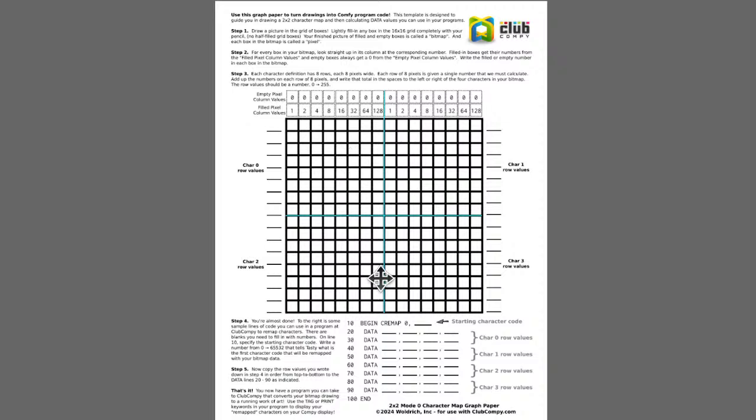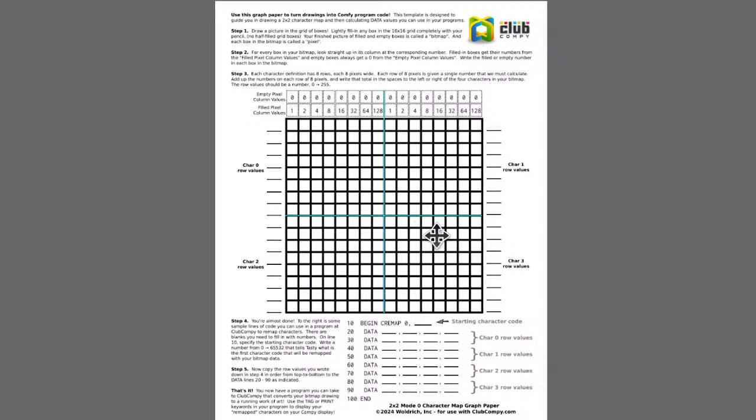And the way this works is you will draw a picture by filling in these boxes, and then you will translate those filled in boxes to numbers, and then you'll add up the numbers on each row, put them into these little lines here, and then when you're done, you can copy those numbers down to here, and you'll have a little program that you can type in and remap your characters, and then you can see your picture on the screen.